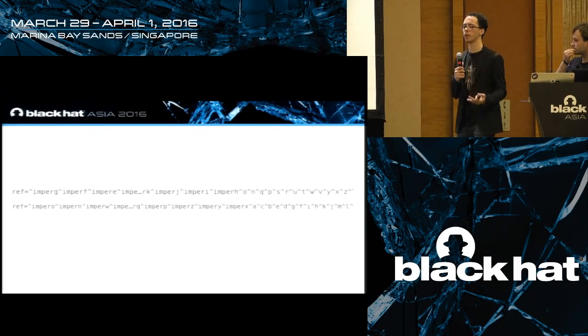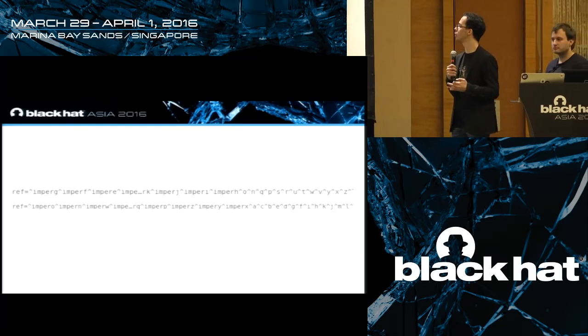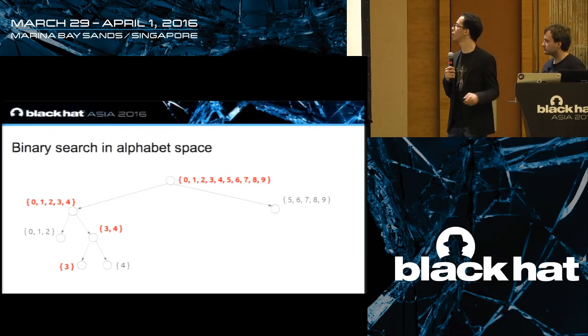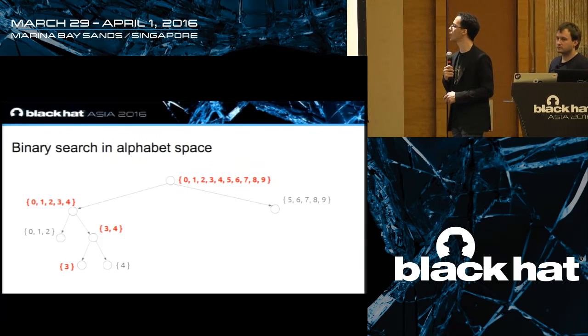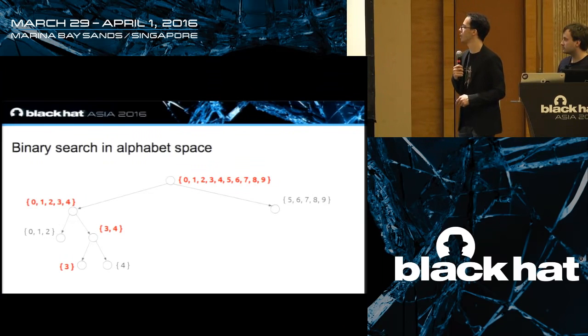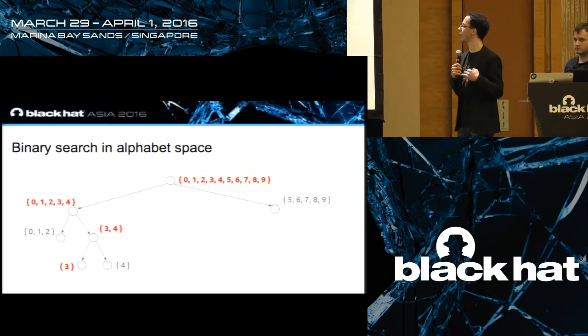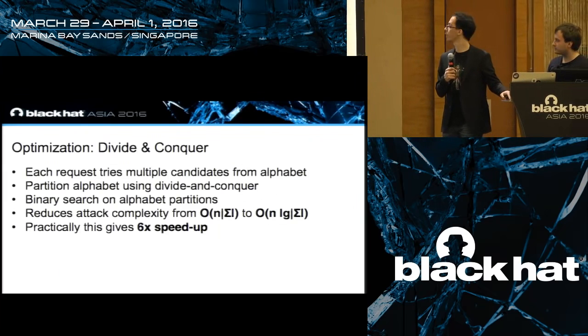The half of the alphabet that contains the correct candidate should result in a minimum length. So we should be able to see this. And after that, we can continue like that. At first we have the whole alphabet, then we decide on the correct half, in this case the left, then the right, then the left, and all the way down until we have only one candidate. So this should be the correct one.